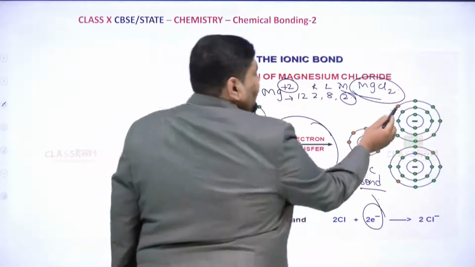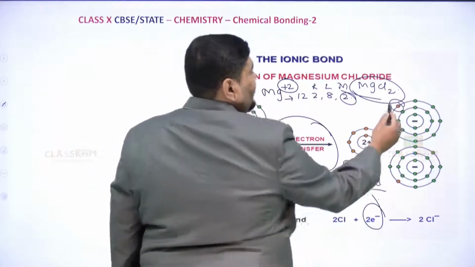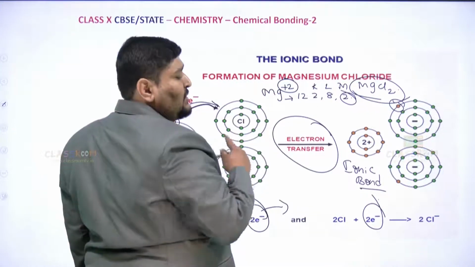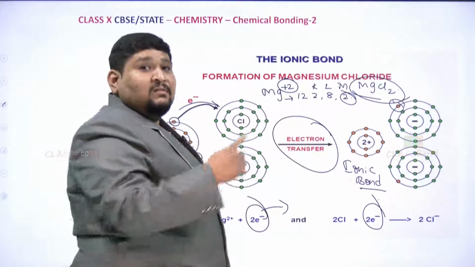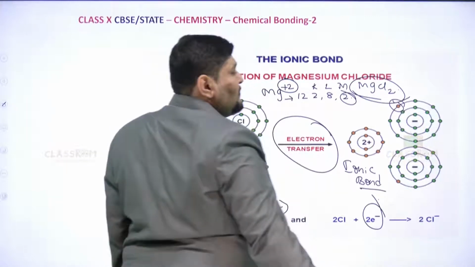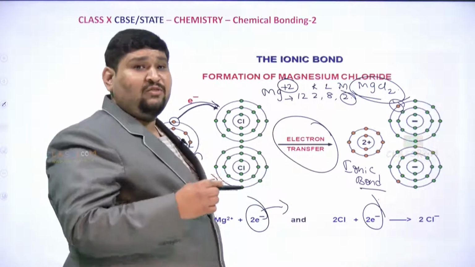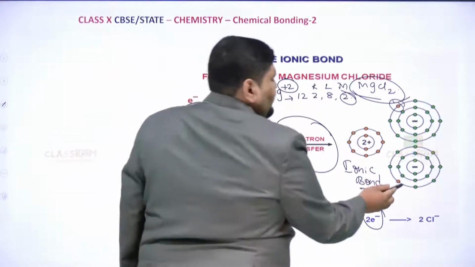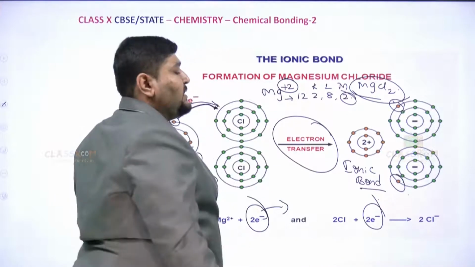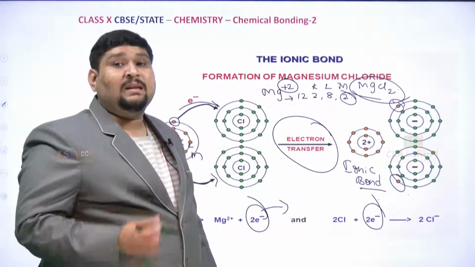You can see one chlorine atom gets filled with 1 valence electron of magnesium, where the magnesium gives out 2 electrons. One electron of magnesium is given out to one chlorine atom, and the other chlorine atom gets the other magnesium electron.